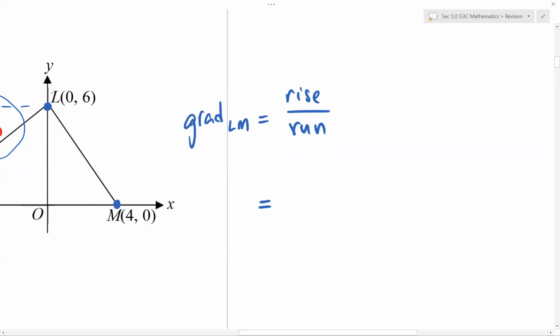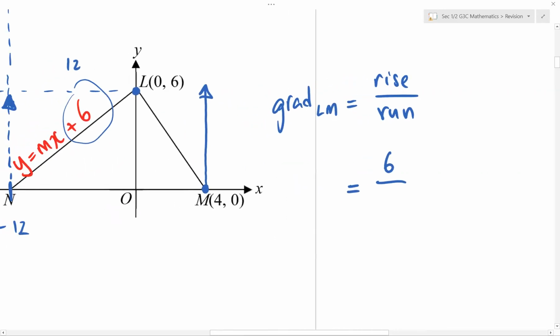If you choose to start from L, you can't rise to point M. You cannot. So M, we rise up until this point. We get also 6 units upwards. What about the run? This time we are running to the left-hand side. Left-hand side, positive or negative?